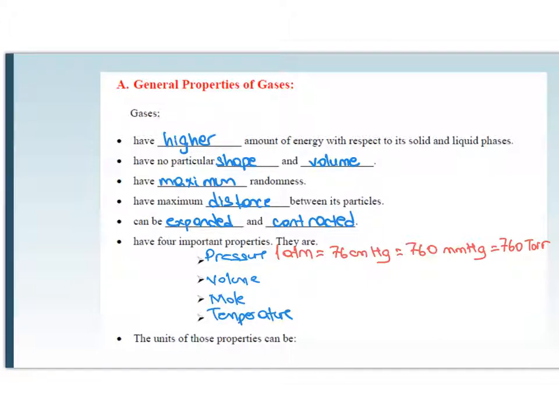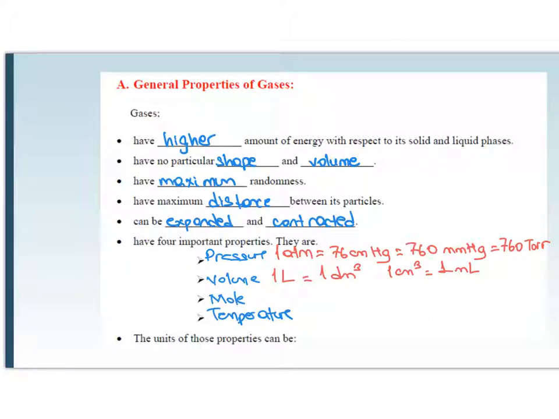What about volume? For volume, we usually use liters, which is directly equal to decimeter cube. Sometimes the volume is given in centimeter cube, which is directly equal to 1 milliliter. And mole, you have solved some mole problems and we're going to solve more, combining with pressure, volume and temperature here.